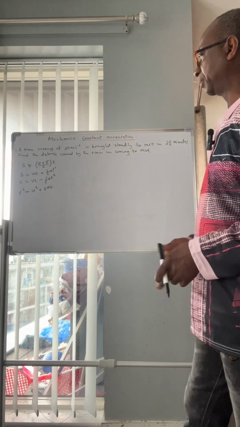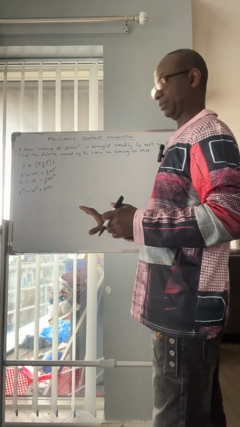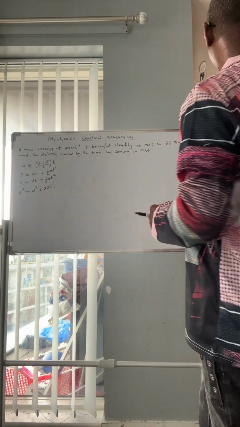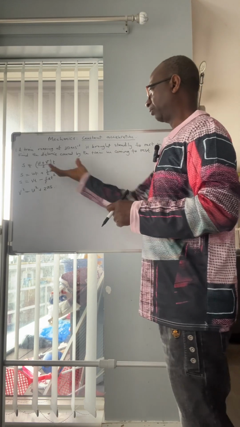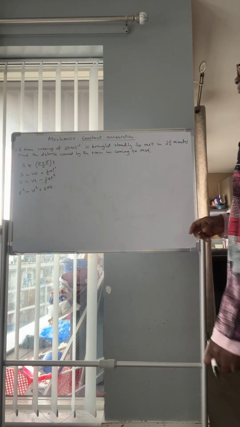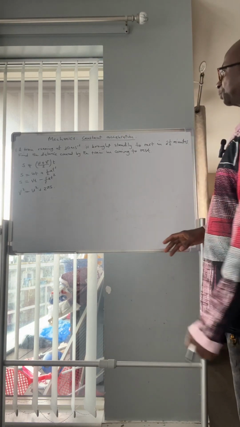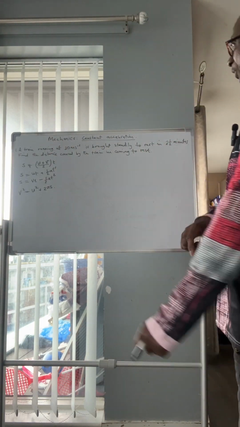If you solve these problems over and over again, these formulas will stay in your head. Otherwise, find another means of memorizing them if you cannot practice a lot of problems.